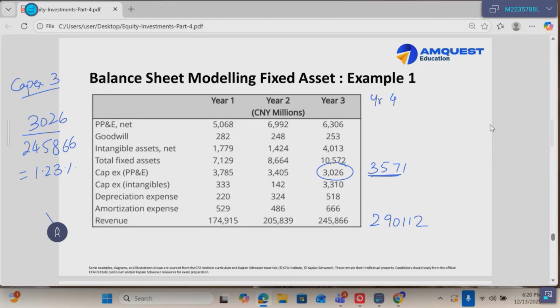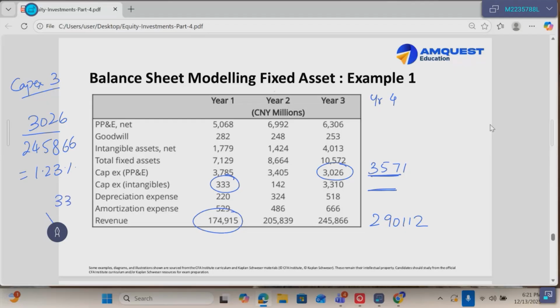Next, the condition they have given is capex on intangible will be very similar to revenue at year 1 level. So now how much are we investing in intangibles? So this is similar to year 1. So in year 1, intangibles we had invested 333. Revenue that year was 174,915.